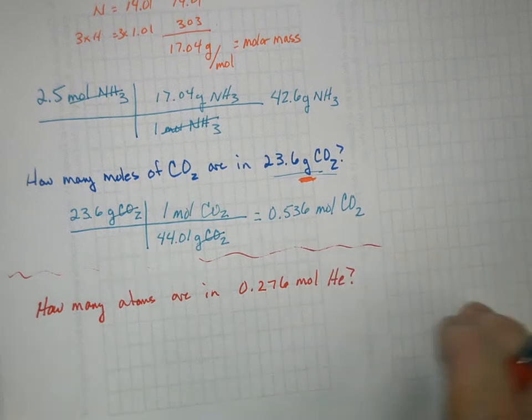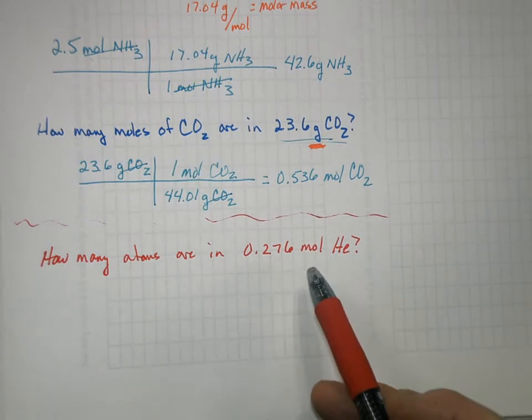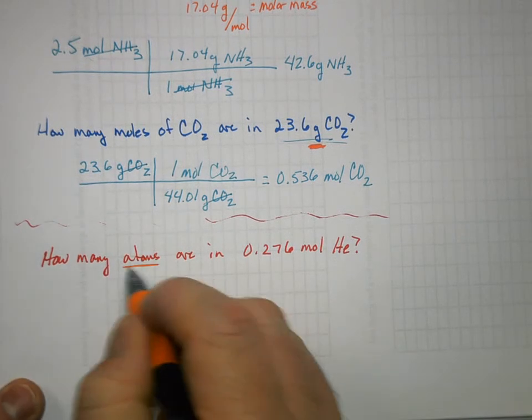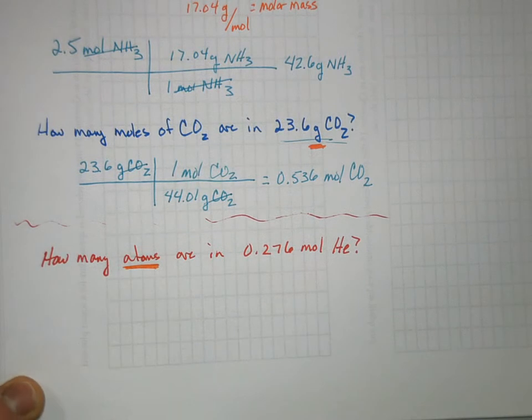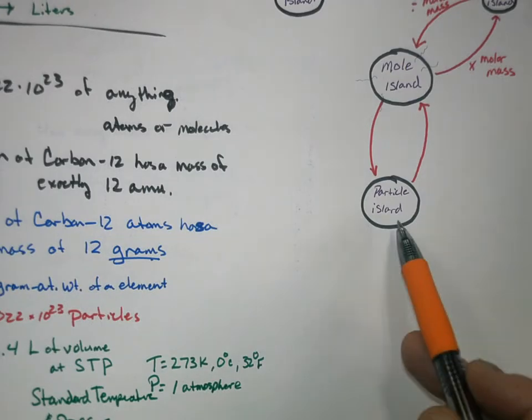Okay, how many atoms are in 0.276 moles of helium? Okay, what do we have to start with? What's our given? We have moles, right? What keyword is going to tell us the island we start at? Atoms right here tells us that we're going to start at Particle Island.